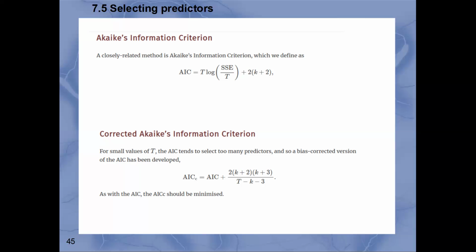Now the corrected AIC: for small values of T, the AIC tends to select too many predictors. So a bias-corrected version has been developed, in which we take the AIC plus 2 times the number of predictors plus 2 times the number of predictors plus 3, over the number of samples minus the number of predictors minus 3. And once again, we're trying to minimize this number.